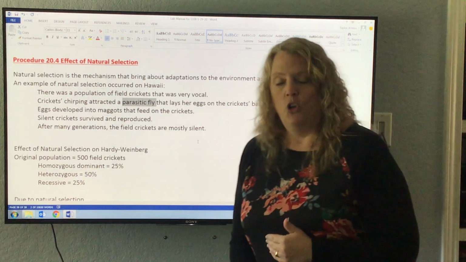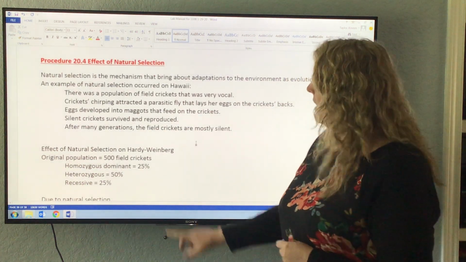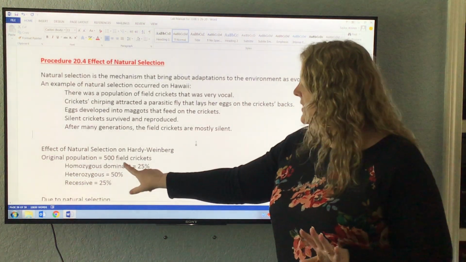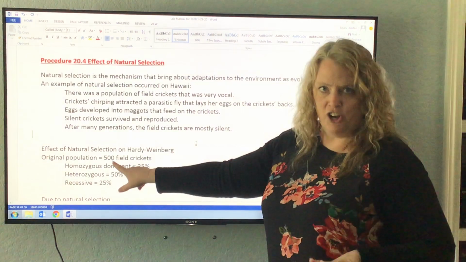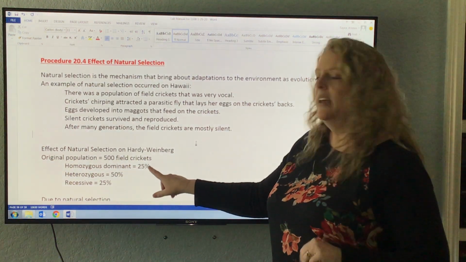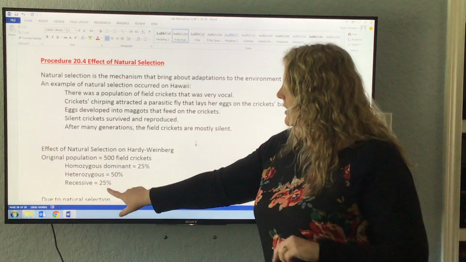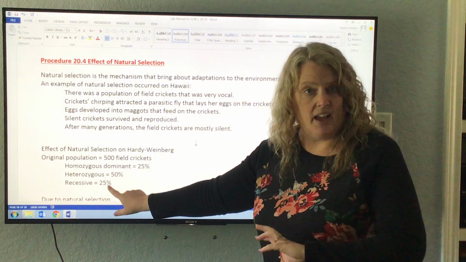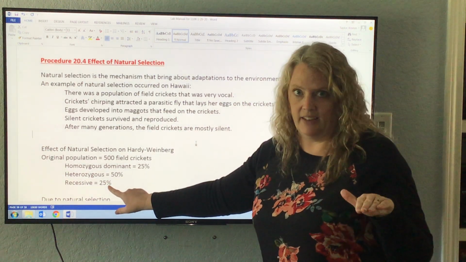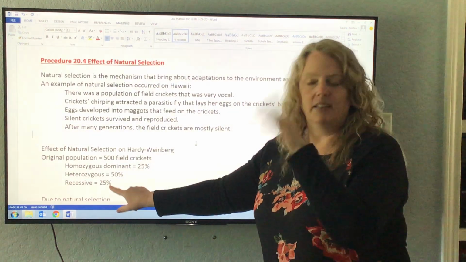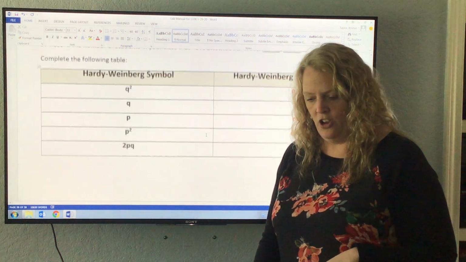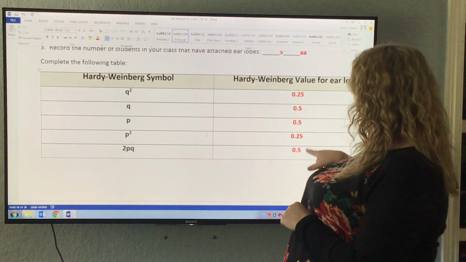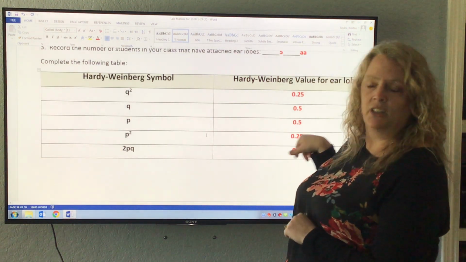So, here's the baseline. They found in this field 500 field crickets, and they used the Hardy-Weinberg. They found 25%, or 0.25, silent crickets. Then, just like what we did up here, we would solve for all the numbers.